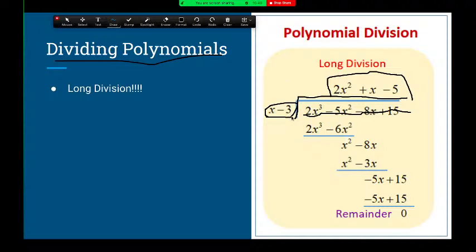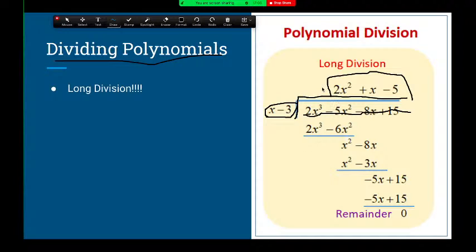Now to solve this, it's still the same method, except it's just a little bit harder. I don't remember the acronym for doing it, but you have to divide and then you have to multiply.